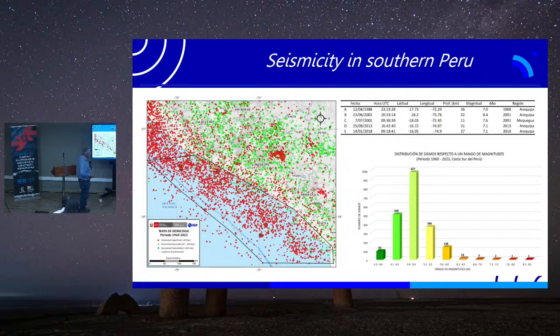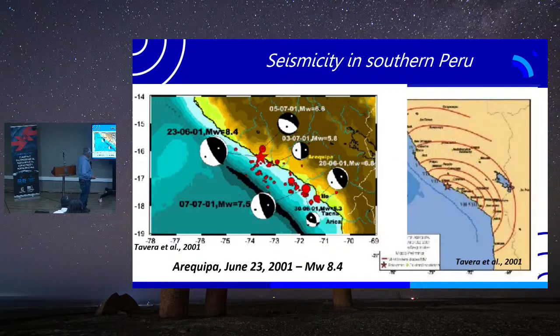So far, in the 21st century, we have had the 2001 Arequipa earthquake, the Acari earthquake in 2013, and the Lomas earthquake in 2018. Both the Acari and Lomas earthquakes were magnitude 7, while the 2001 earthquake was magnitude 8.4.